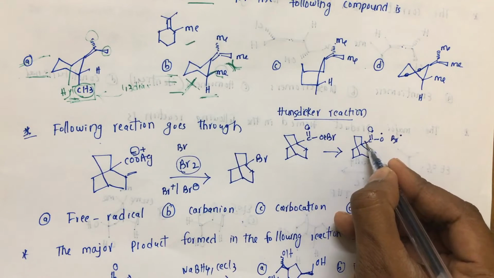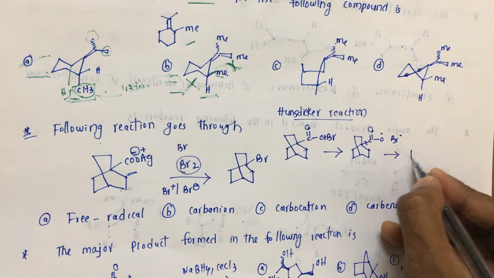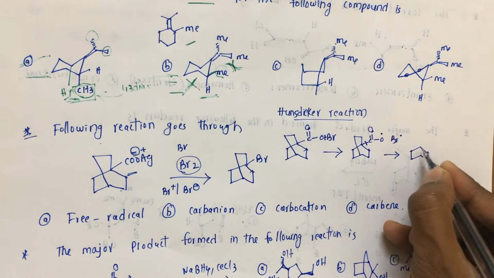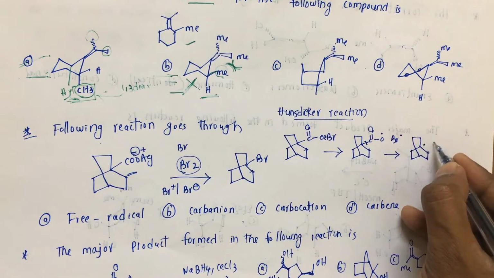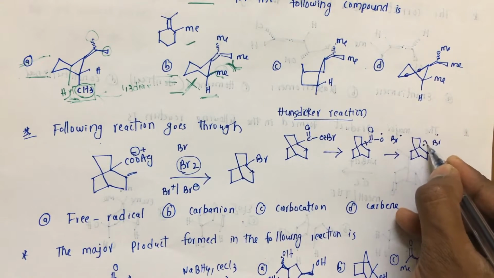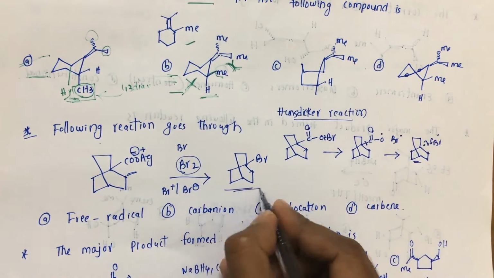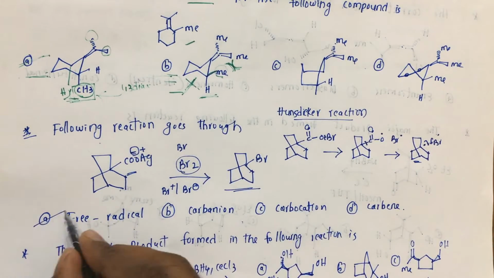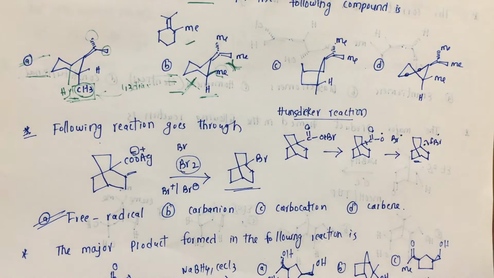Again, there is elimination of CO2, and this radical and this Br radical both form a bond, and we get this final compound. So this reaction goes through free radical formation.